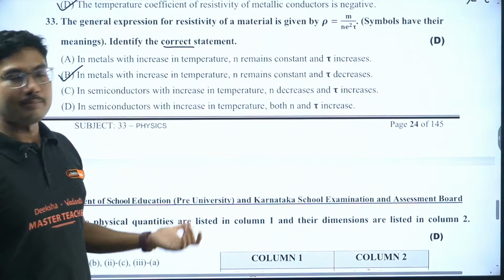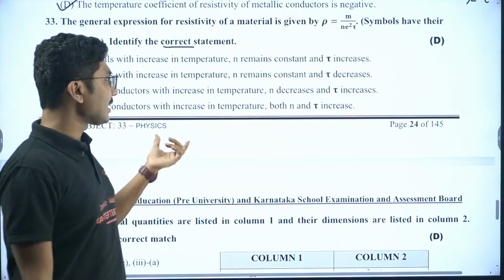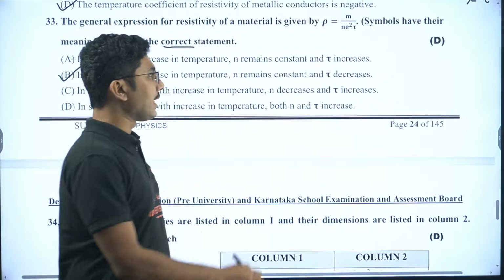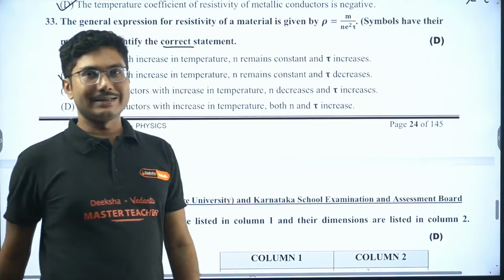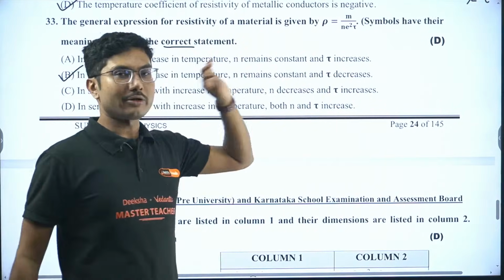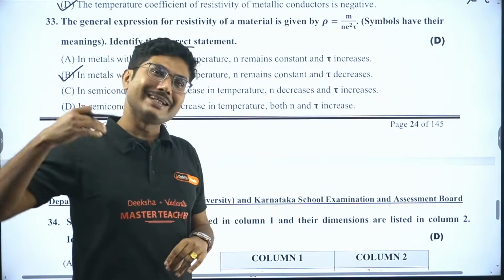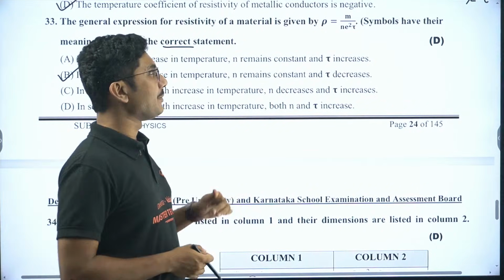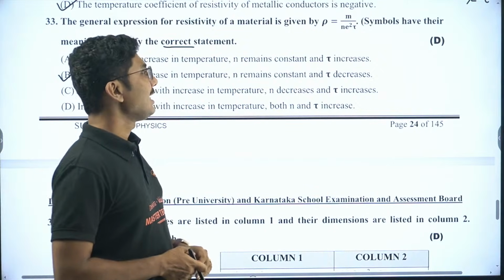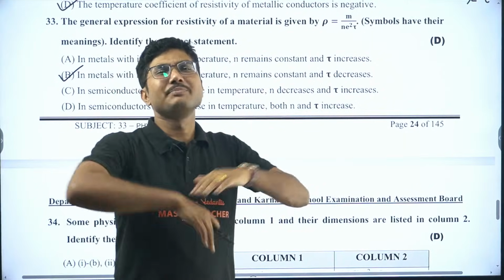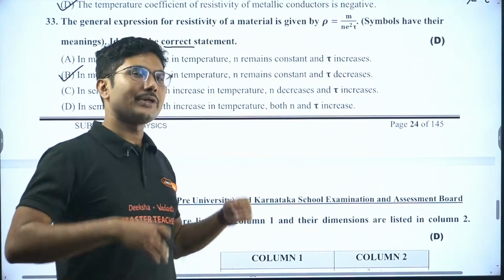Now one interesting point. With increase in temperature, tau always decreases, no matter whether it is a semiconductor or a conductor. But in semiconductors we know that the resistivity actually decreases. Why? Because the number density increases many times when you increase the temperature.